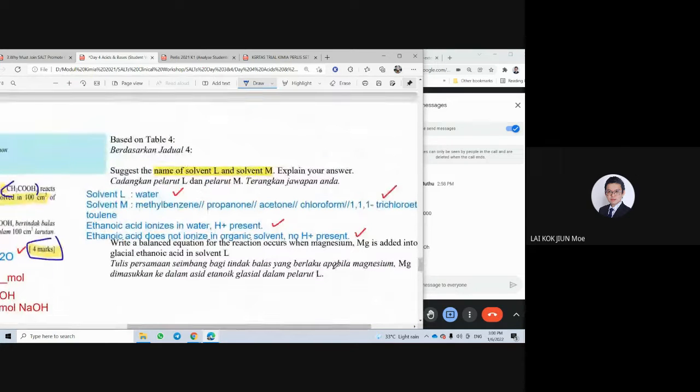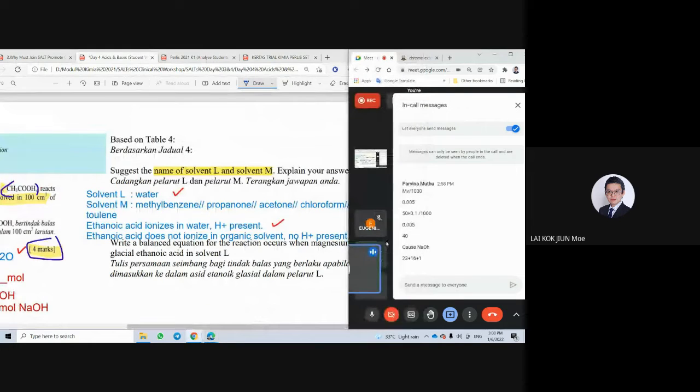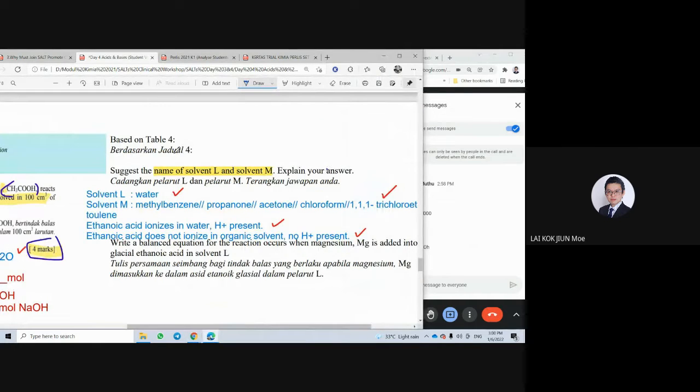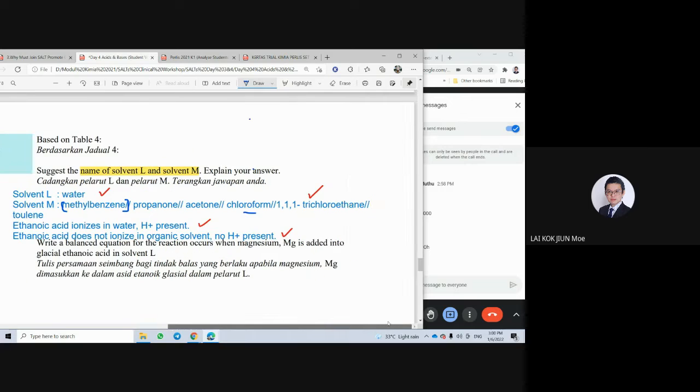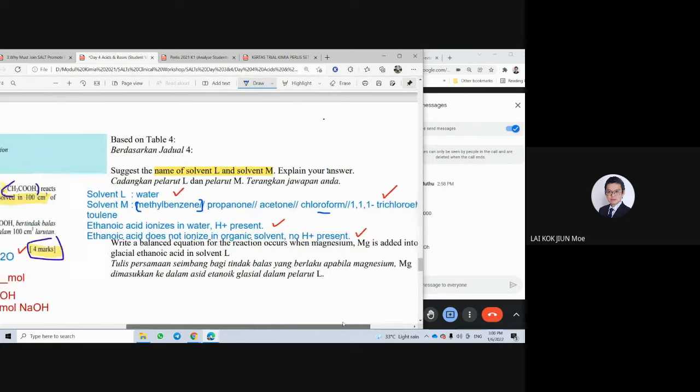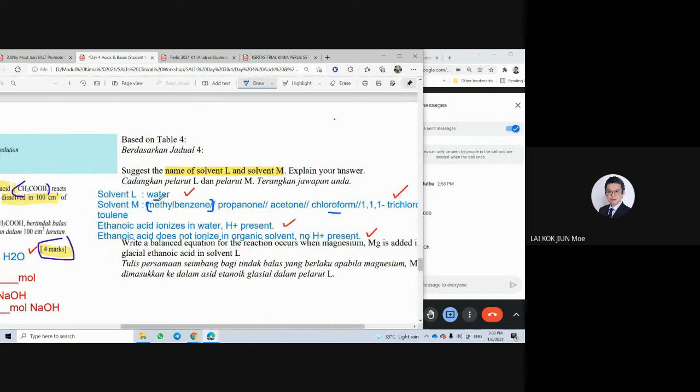So back to your question, suggest it. I give you so many examples. You can remember 1 or 2, is good. Methyl benzene, always you can see the answer here, always comes out. Propanol also can use. Chloroform can use. 1,1,1-trichloroethane also can. Chloroethane.